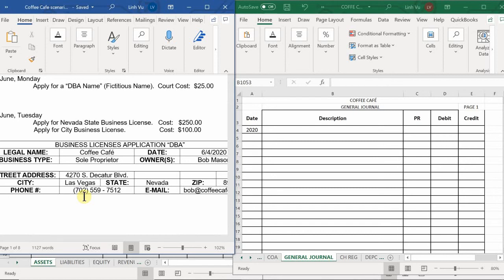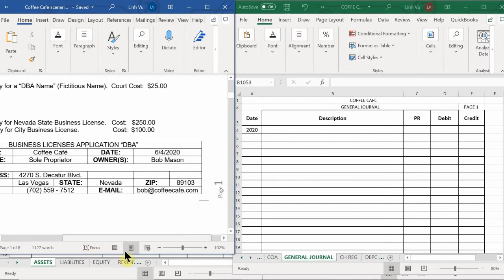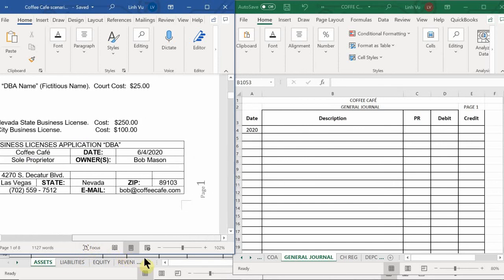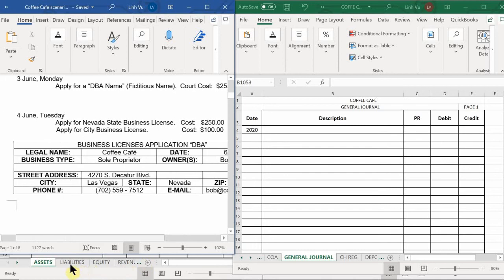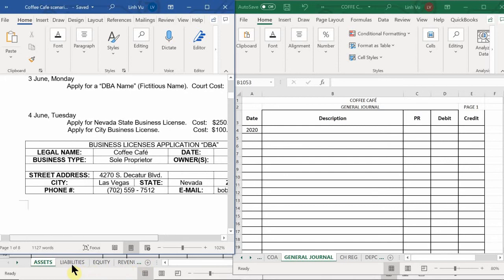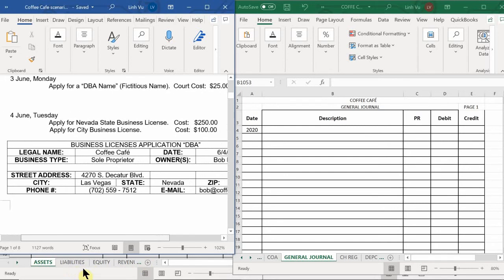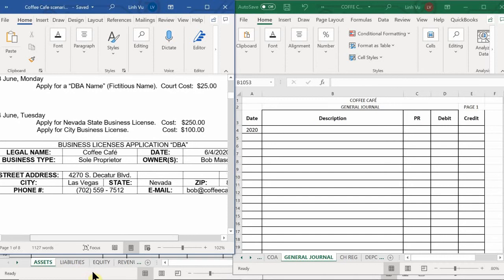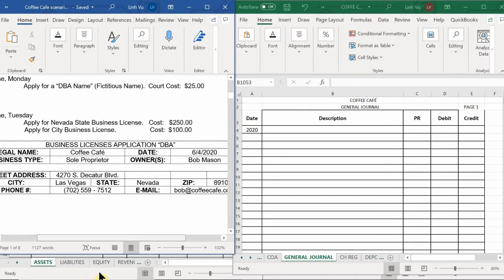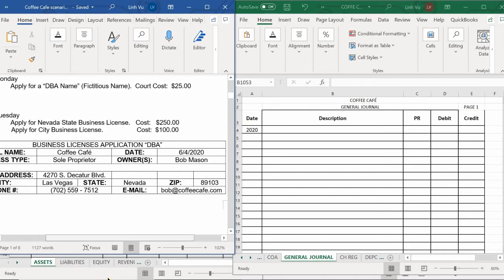So as you can see here, we applied, right? Business type, we are going to be a sole proprietor. Owner or owners, since we're a sole proprietor, there's only one owner. So Mr. Bob Mason. Other things that we have here are address and city. So here's my fake address, I have it here at South Decatur, Las Vegas, Nevada.